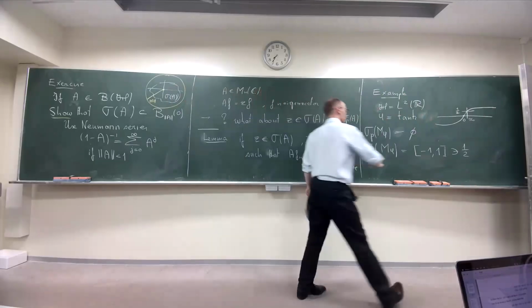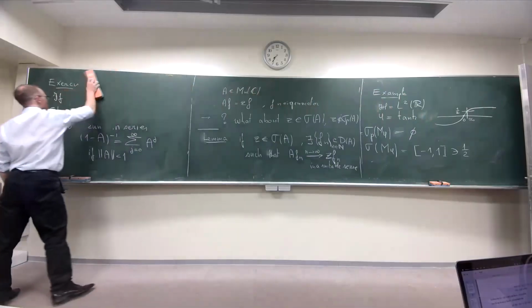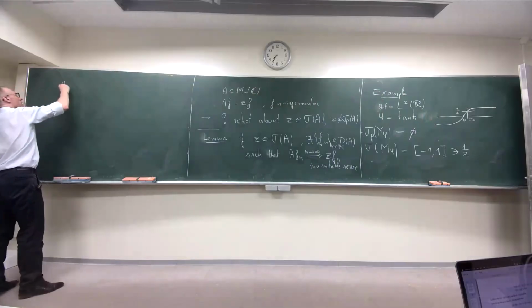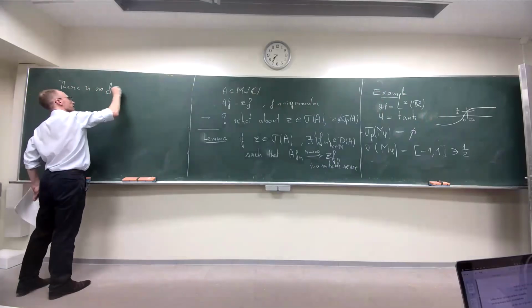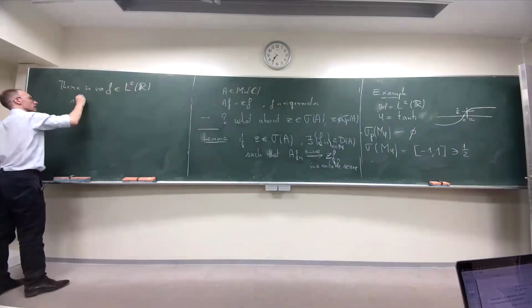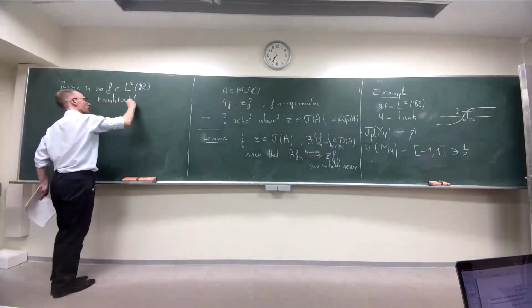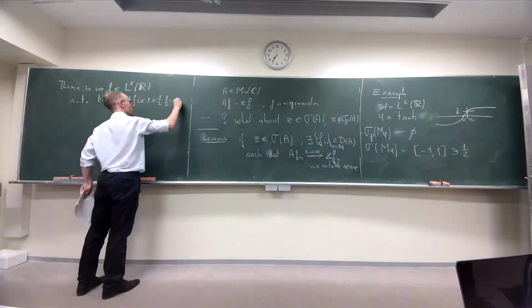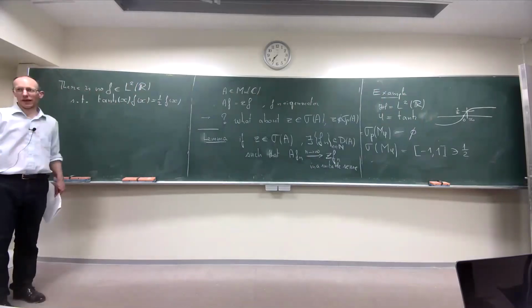So there is no f in this Hilbert space so that hyperbolic tangent of x times f of x is 1/2 f of x. Otherwise, it would be an eigenvalue.